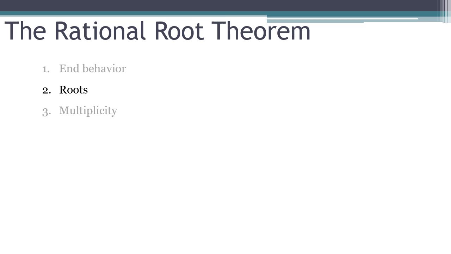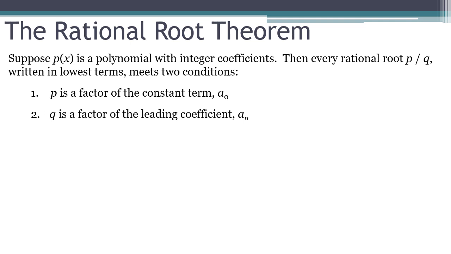So I have a statement of the theorem here, and it's a little wordy, right? But it's not too bad once you start to dig into it. It says, look, if we have a polynomial and the coefficients are integers, right? So we're only looking at ones. Remember, integers 1, 2, 3, 4, 5, and the negatives, -1, -2, -3, and so on.